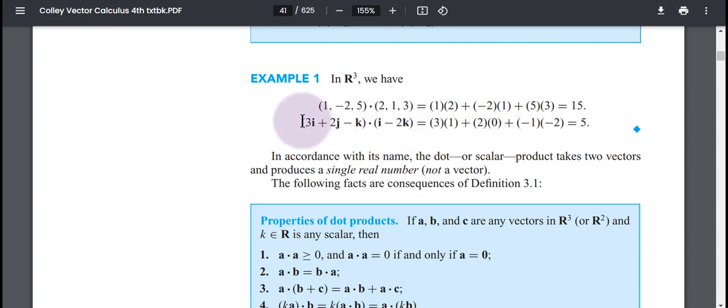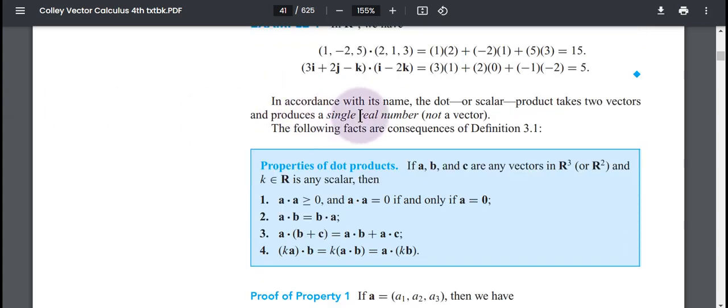So we take 3 times 1, and we take 2 times the j component here, which is 0, and we take -1 times the k component here, which is -2, and we do all of that, and we get 5. So the dot product of these two is 5. Again, it's not a vector, it's just a number.